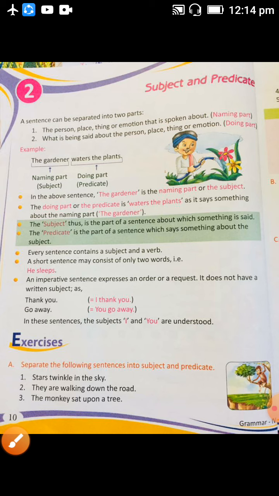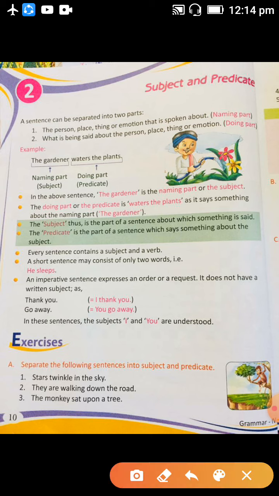Now see the very important point: every sentence contains a subject and a verb, right? Without a verb, a sentence is almost incomplete. A short sentence may consist of only 2 words, such as she helps or she sleeps, right? And sometimes in imperative sentences, which express an order or a request, we may not find any subject.